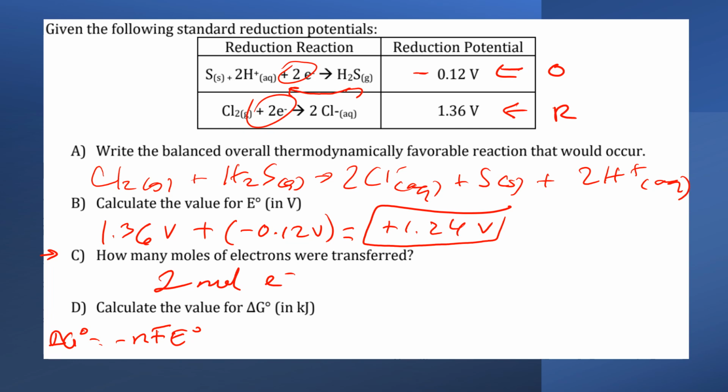We have 2 moles, which we introduced here, so N equals 2 moles of electrons, times Faraday's constant, 96,485 coulombs per mole.